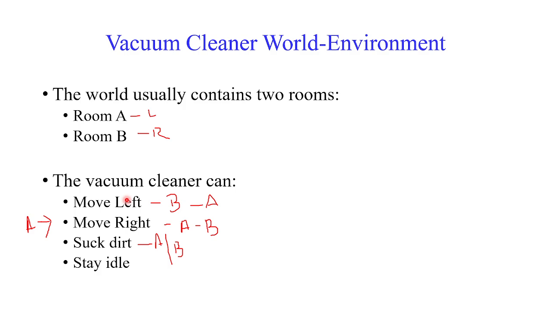In the simplest version, the agent knows only its current location and whether the room it is in is dirty or clean. It does not have a global view of the entire world. The environment in this case is partially observable.